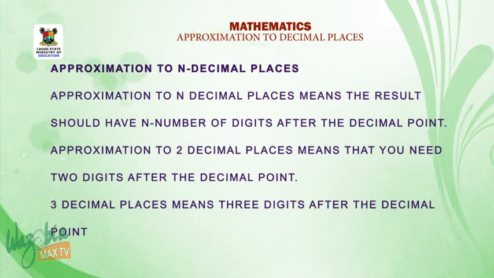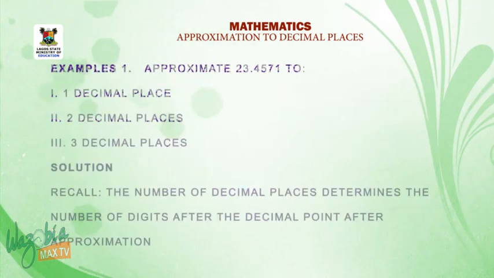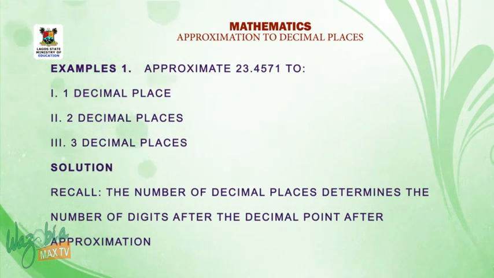Now let us take a look at some examples. The first example says, approximate 23.4571 to 1 decimal place, 2 decimal places, 3 decimal places.